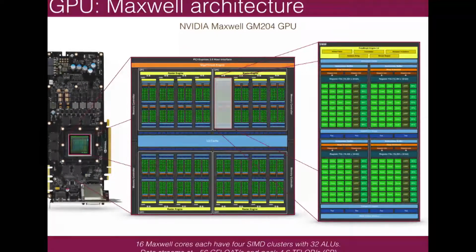Okay, so let's look at a specific GPU architecture. This is a little bit old. It's an Nvidia Maxwell. This is one core. Notice that Nvidia calls each of the compute lanes inside the SIMD unit, the vector unit, a core. That's why Nvidia says that its processors have 2,000, 3,000, 5,000 cores.